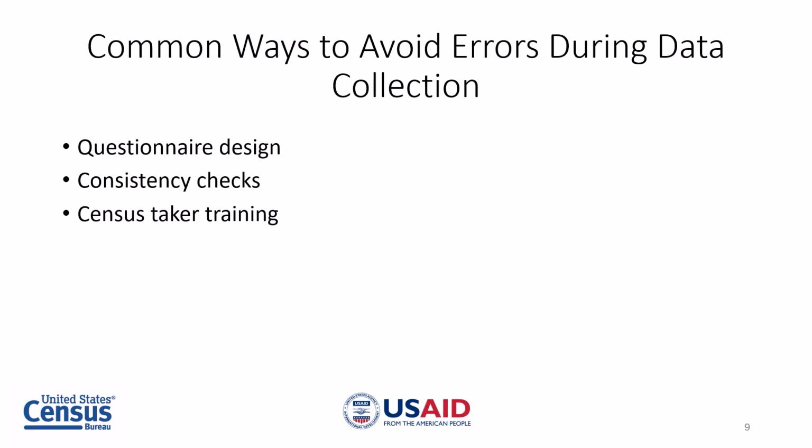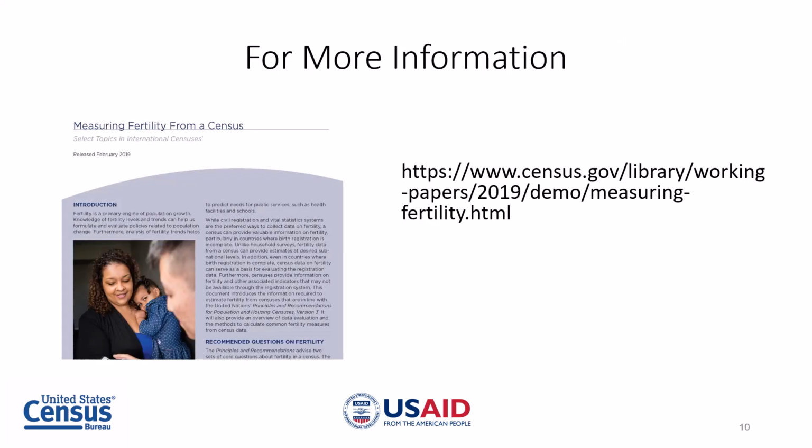And last but not least, make sure that the census takers are trained adequately. For more recommendations on how to avoid common data collection errors on fertility questions, please refer to the brief on select topics in international censuses, measuring fertility from a census, found on our website. You will find a link on our course website.